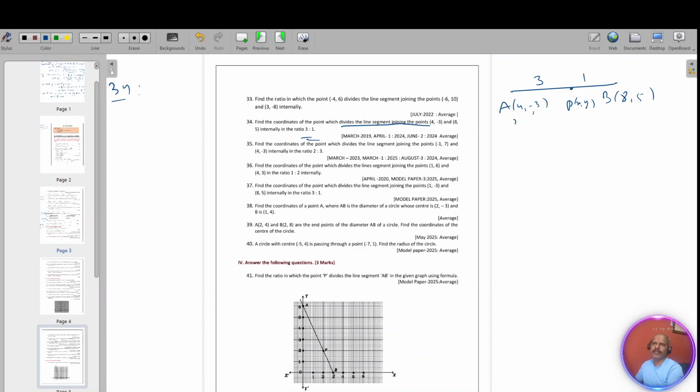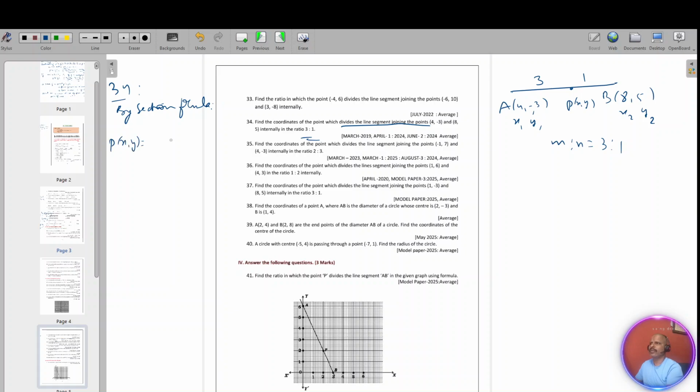And anyway, from the figure only we will write like this. So by the section formula we write the formula. What is m is to n? m is to n is equal to 3 is to 1. So we just apply the formula.